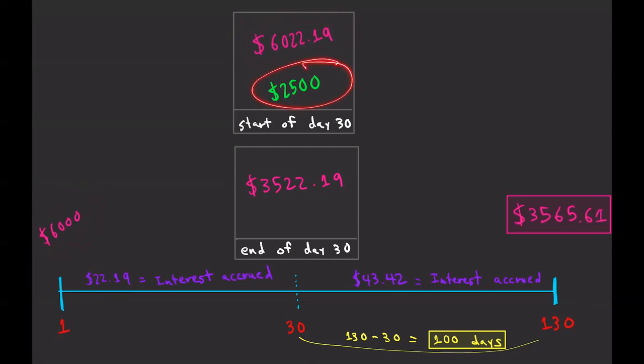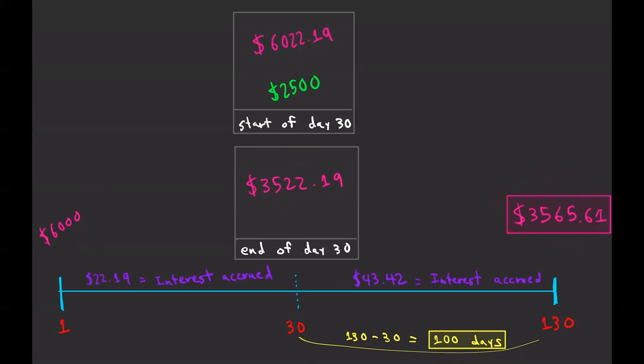Then she pays $2,500 towards it, taking it down to $3,522.19. Now, over the next 100 days, $43 of interest adds on to this amount that she owed. So now we add that to it, we have the final amount here, and that's our answer. That's how much is owed on the date of maturity.